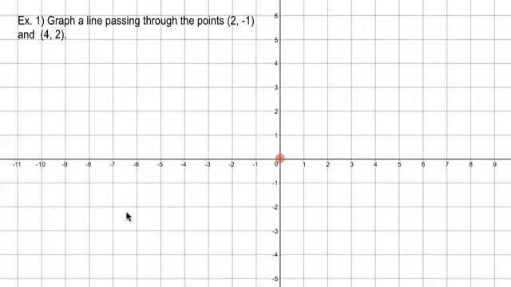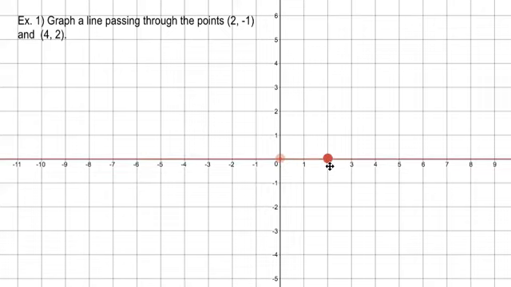Let's start by looking at the example of 2 points. So example 1 tells us to graph a line passing through the points (2, -1) and (4, 2). The idea here is to plot each point and then draw the line connecting them. When I plot these points, the first number, 2, is the x-coordinate.